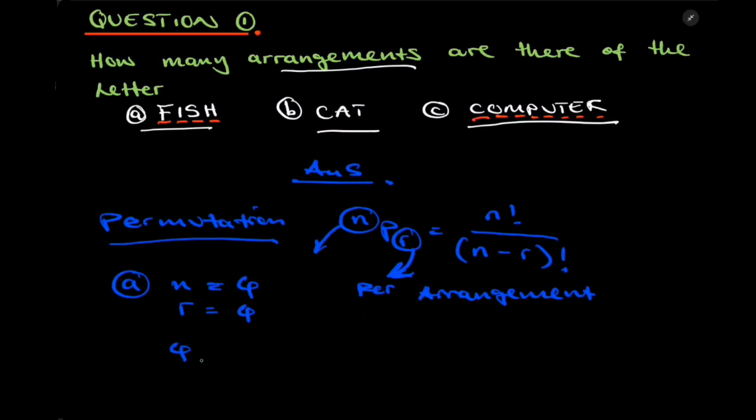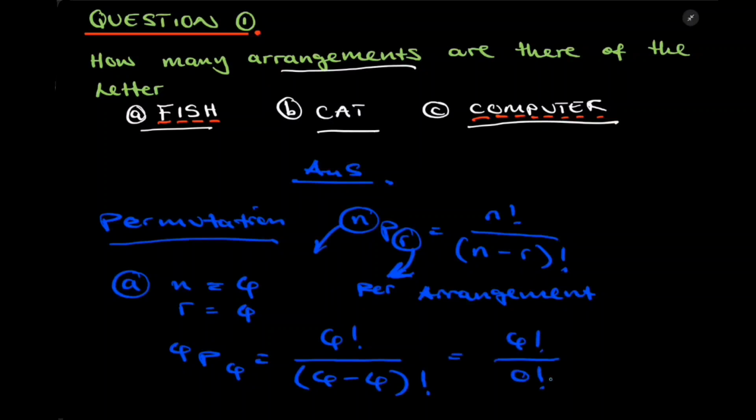So we are going to end up with 4 permutation 4, which is equal to 4 factorial divided by (4 minus 4) factorial. And this will be equal to 4 factorial divided by 0 factorial. We know that 0 factorial is equal to 1, so this is the same as 4 factorial, which is the same as what we got in our first method. So that's how we apply permutation to find the number of possible arrangements.